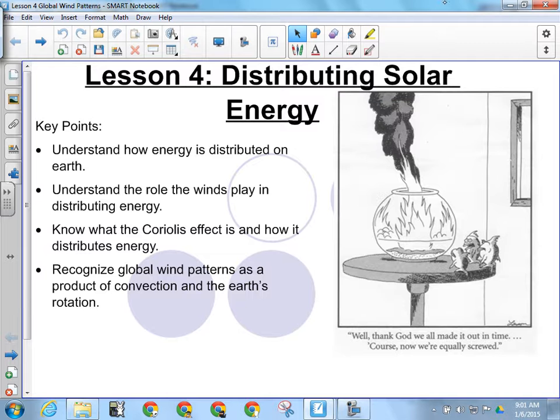All right, so yesterday we talked about conduction, convection, radiation. We talked about how heat is transferred on Earth. Now we're going to look at the specific effects of the main method, which we just said in the quiz was convection, for transferring energy to various places on Earth. What are the results of that convective process?